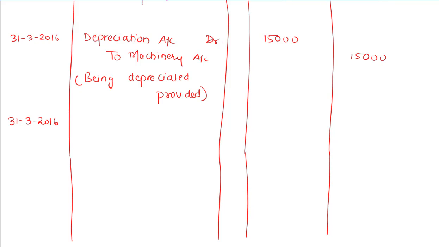So the next entry would be profit and loss account debit to depreciation account. Just see the journal, just see the narration.